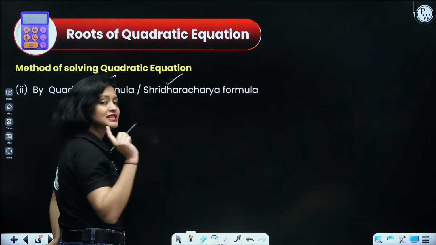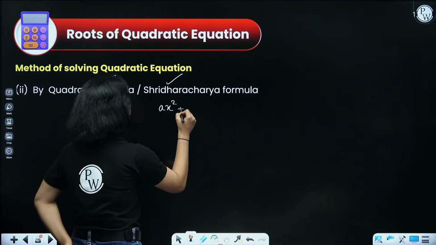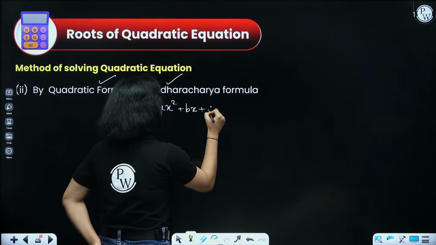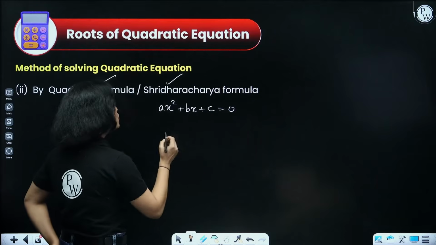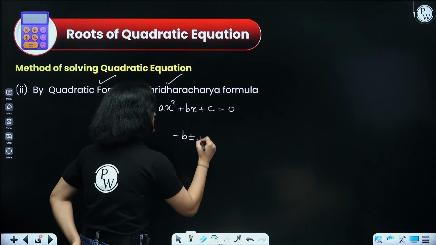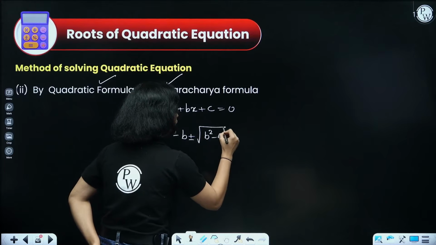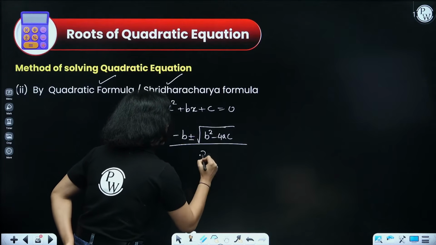So, what does the formula say? The formula says that for any quadratic equation ax square plus bx plus c is equals to 0, the roots alpha beta are given by the formula minus b plus minus under root of b square minus 4 into a into c, whole thing divided by 2 into a.